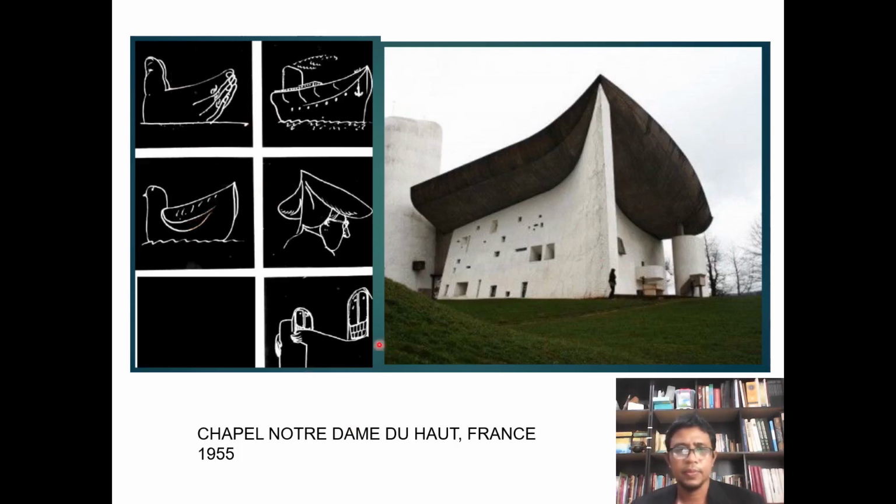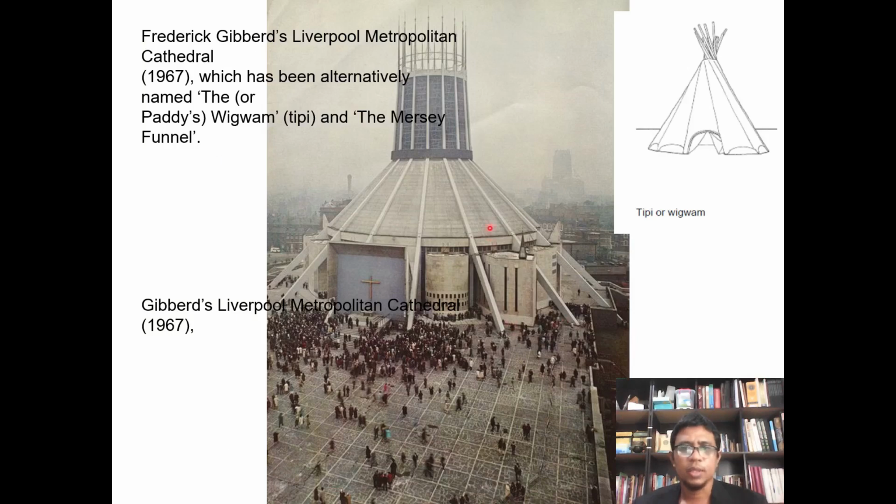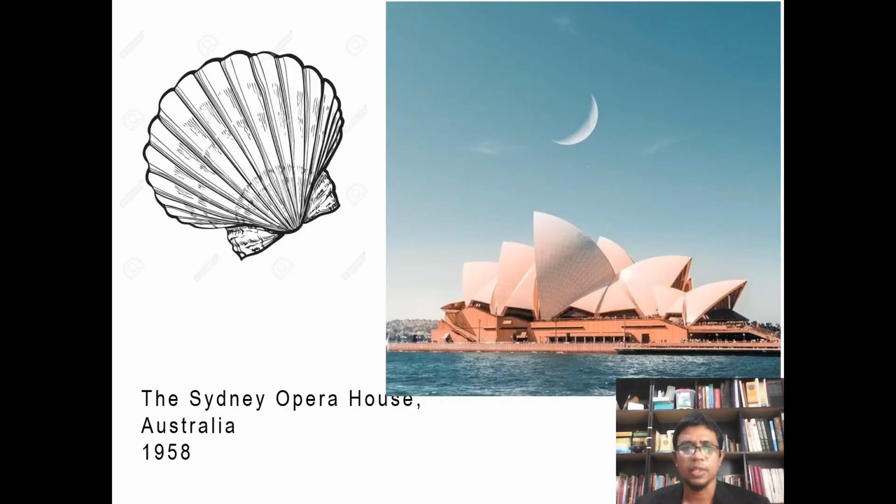So this is an example of a metaphor in building. Okay, this one, the shape of a teepee or wigwam, applied in the Liverpool Metropolitan Cathedral in 1967. This is another example of metaphor in building.